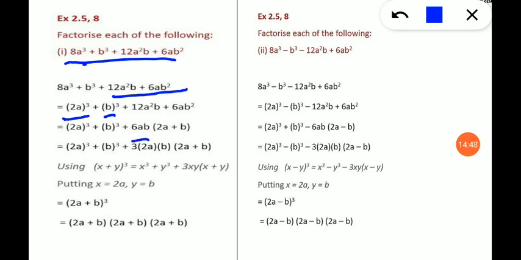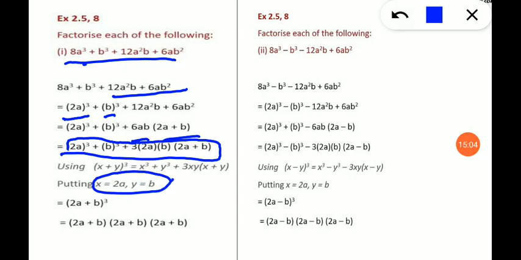That is 6ab. Inside we are left with 2a plus b, and hence we get the required thing. So we will take x is equal to 2a, y is equal to b, and we factorize 2a plus b whole cube, or 2a plus b into 2a plus b into 2a plus b.